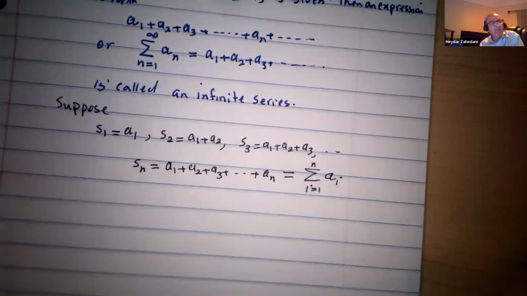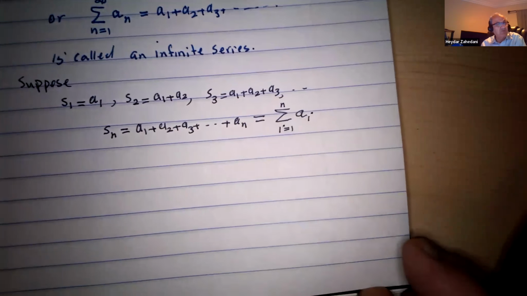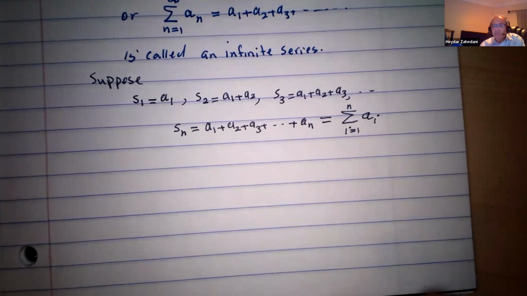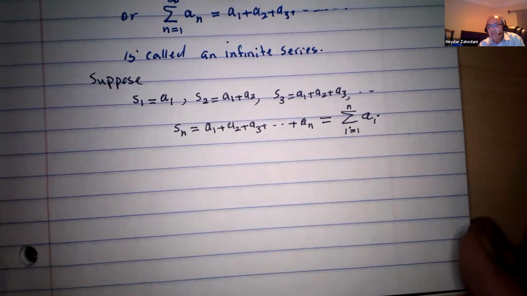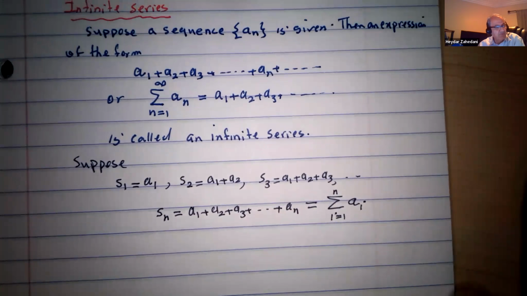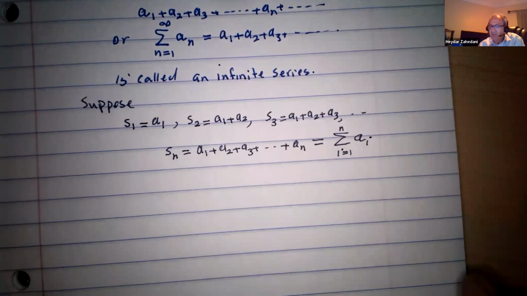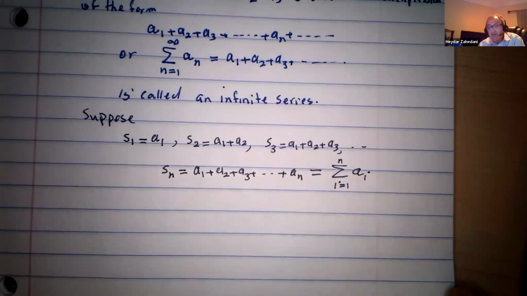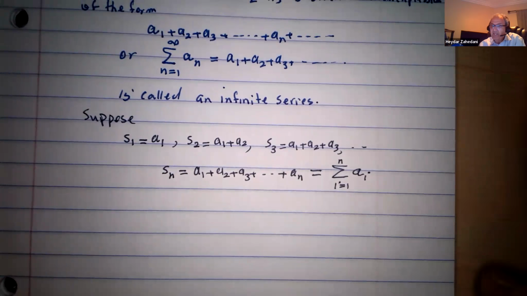So as we talk about it, we are able to find the finite sum. This is the finite sum because I end up with the n here. But the series that we talk about is an infinite sum. I told you that we are interested in defining that infinite sum.